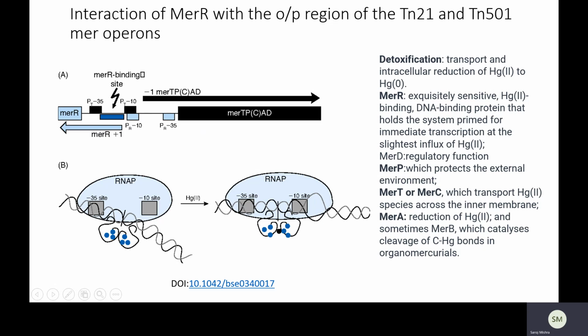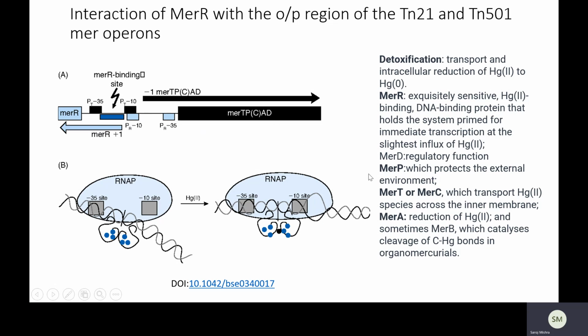Now, once the transcription is turned on, what all do you transcribe? You transcribe, for example, the gene products of T, P, C, and A. What exactly do these genes code for? MER-D, you see another one, also has a regulatory function.